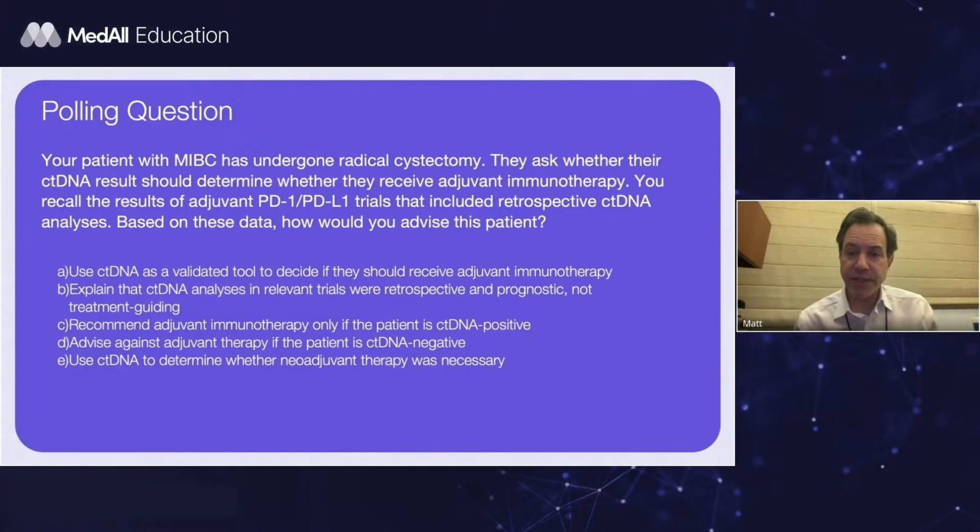Would you explain that ctDNA analyses in relevant trials were retrospective and prognostic, but not treatment guiding? Would you recommend adjuvant immunotherapy only if the patient has a ctDNA positive assay? Would you advise against adjuvant therapy if the patient's assay is ctDNA negative? Or would you use ctDNA to determine whether neoadjuvant therapy was necessary? Please log in your answers. Which of the following do you feel is appropriate based on the data?